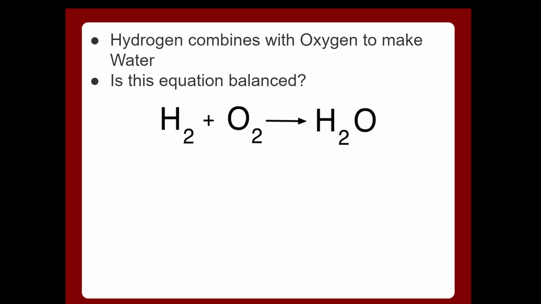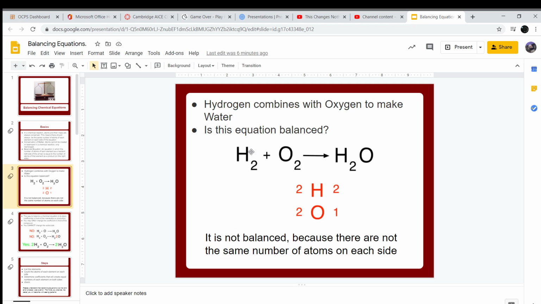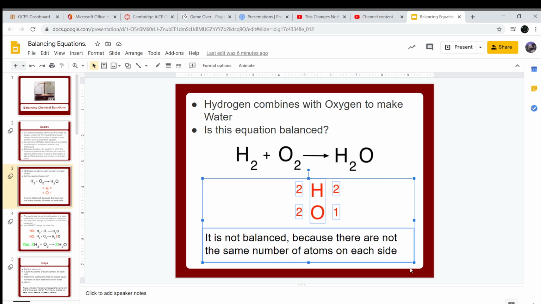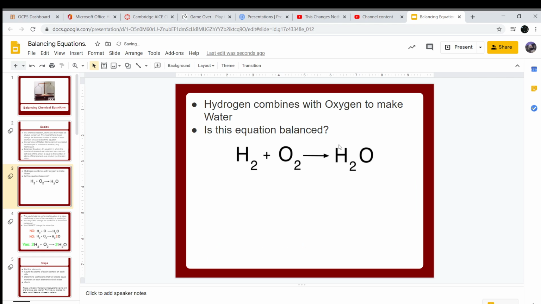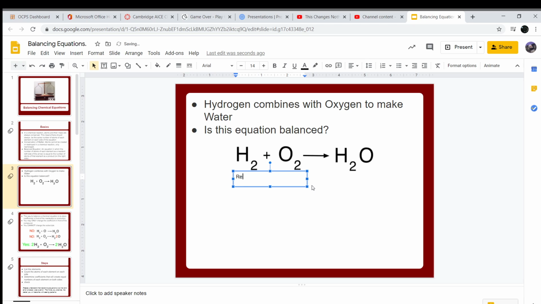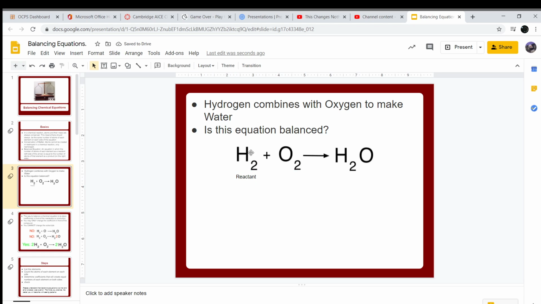So this right here is our first equation. We're going to copy all of that, and get rid of that for now. All right. This equation has a couple of sides to it. The first side we have are our reactants. This is the side on the left of this arrow.